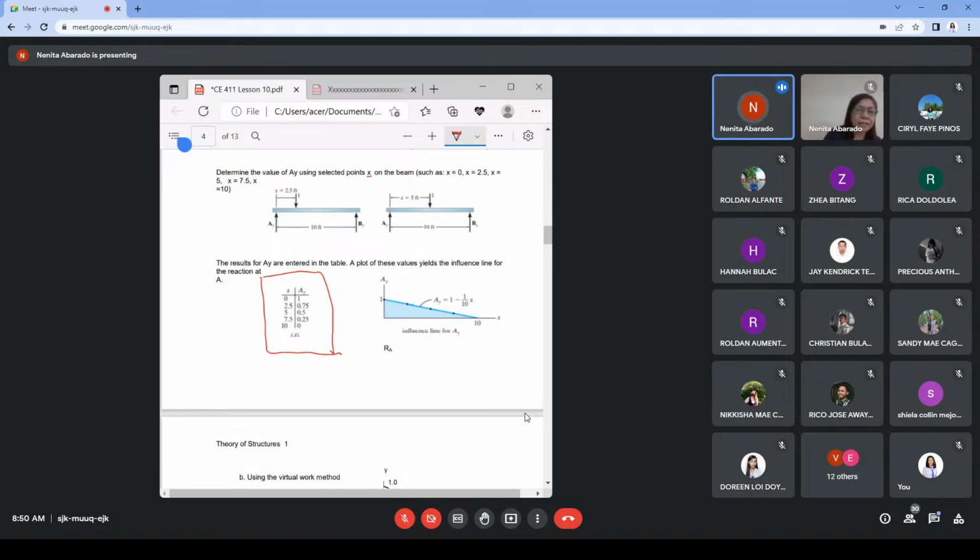So if x is equal to 0, we're just going to substitute the value of 0 sa ating equation. We have AY is equal to 1 minus x over 10. So therefore, we have 1 if x equals 0. If x equals 2.5, obviously, 2.5 over 10 is 0.25.